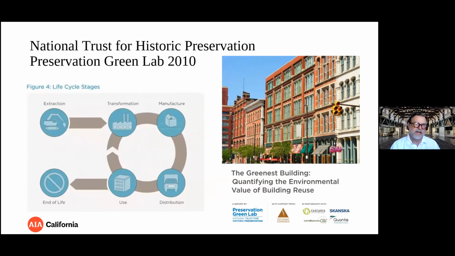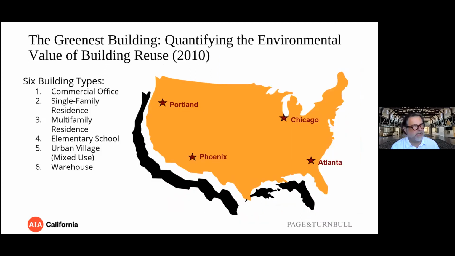They did a life cycle assessment of a variety of historic buildings and compared them to new baseline buildings, and took a look at what savings were there. It was a pretty robust study. They looked at 6 different types of buildings in a wide variety of environments: Portland, Chicago, Atlanta, and Phoenix.